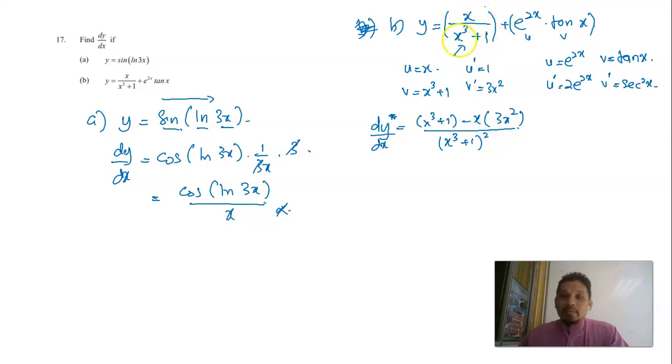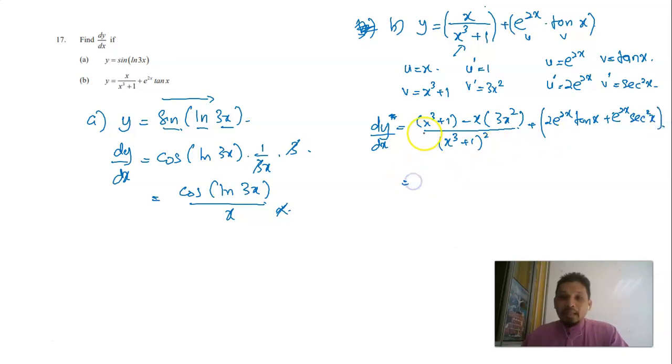Okay, so this is the derivative of this fraction, plus this one using the product rule, plus u prime v, 2e power of 2x tangent x, plus u and v prime, e power of 2x secant square x.